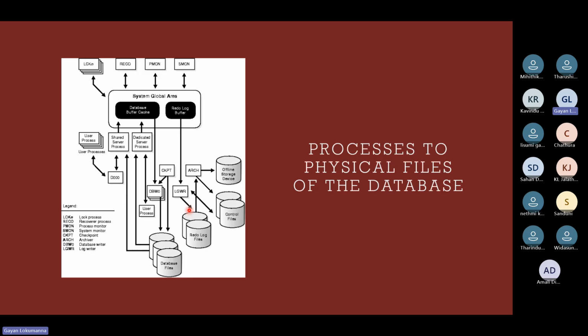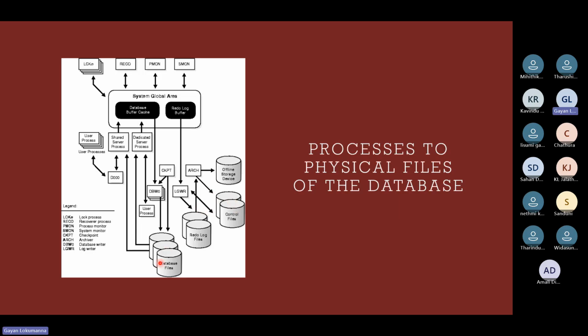So it records these changes. It's a very lightweight mechanism that they use to track these changes, and these changes are recorded in the redo log files. At the same time, in order to maintain the integrity of the database, Oracle internally uses a set of files called control files.